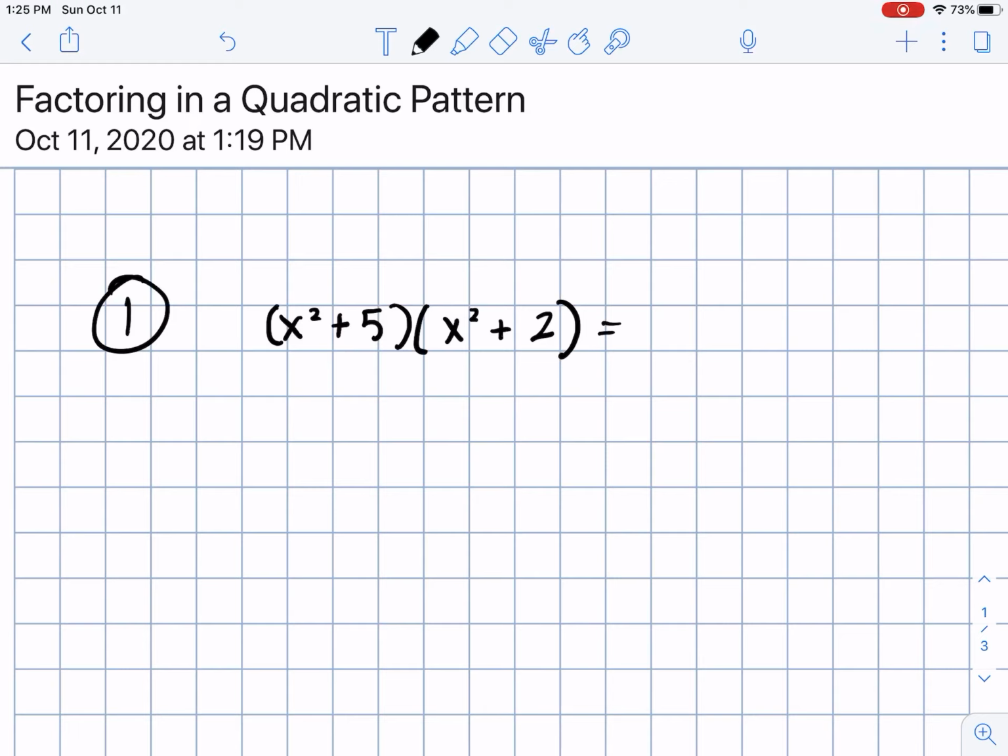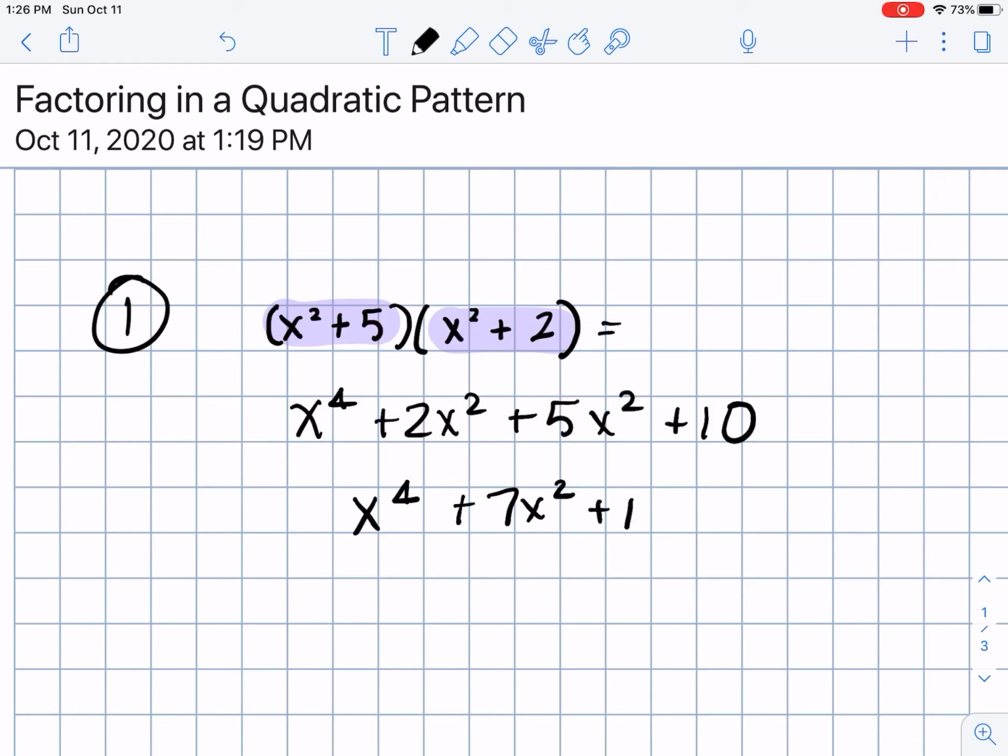Make sure you write all this down, of course. So when I multiply this binomial by this binomial, look at what happens. I get x to the fourth plus 2x squared plus 5x squared plus 10. And what I get is x to the fourth plus 7x squared plus 10.